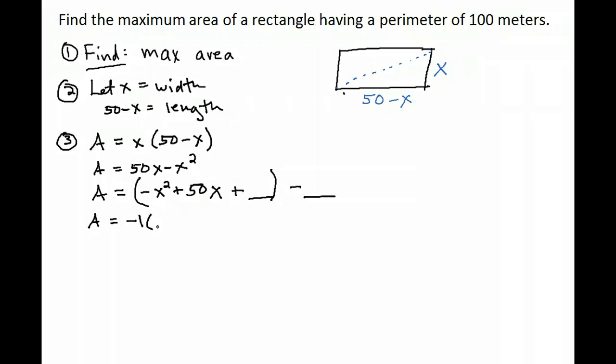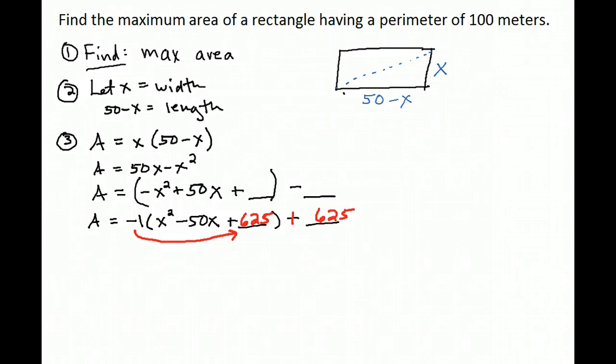So I get negative 1 times x squared minus 50x plus blank, minus blank. To fill in the blank, half of 50 is 25, squared is 625. But I didn't really add 625. This represents a negative 625, so to counteract that, I have to add 625 out here.